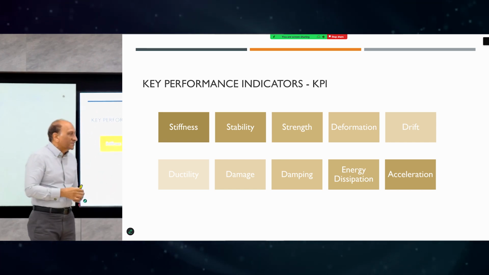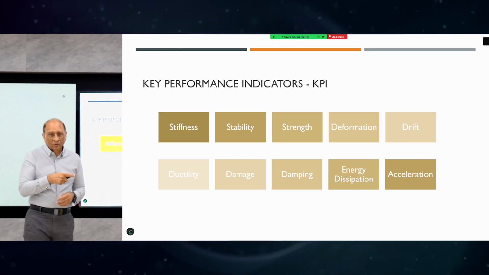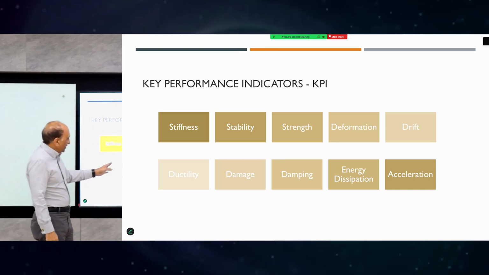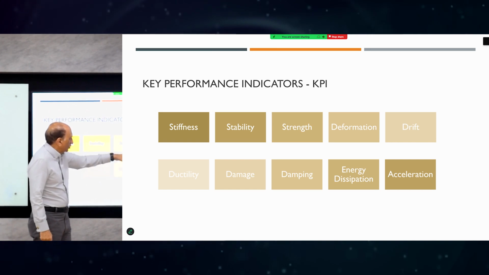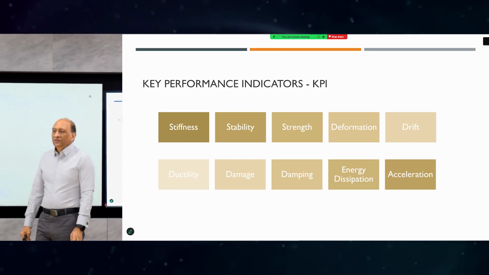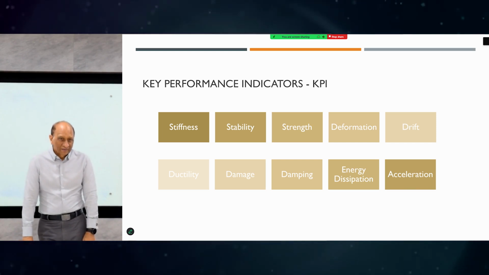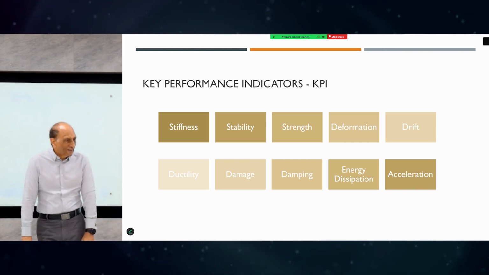Then ductility, independent from drift; damage depends on that. Damping will help to control that. Energy dissipation, acceleration. So these are the 10 things you should be looking for in your building as a checklist. The system which gives you the best values for these is the system that you're looking for.